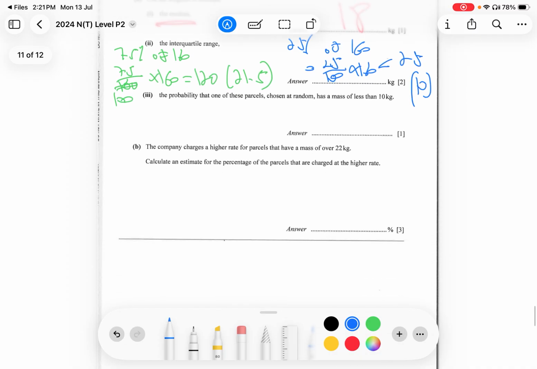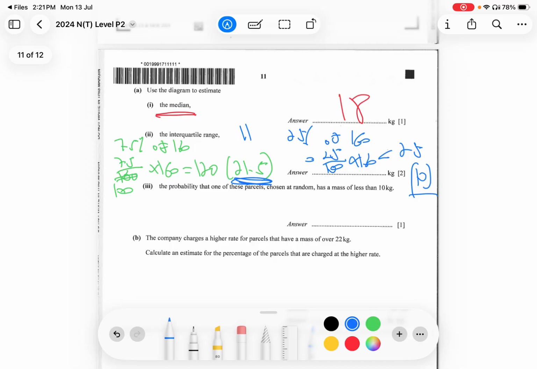So the interquartile range is 21.5 minus 10. That's how you get the interquartile range, 11.5. It is not 120 minus 40. Some of them will take this minus this, right? This one is wrong.